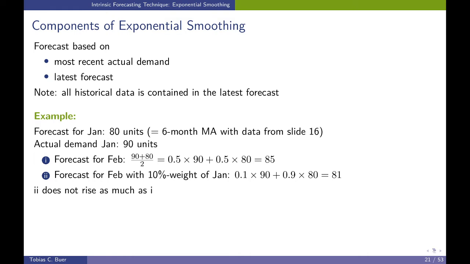The sum of the weighting always needs to be 1 or 100%. So if we do this weighting, 10% for the actual demand, then the forecast for February is only 81 units. So with the same demand and forecast data, we can create different forecasts by having different weightings.